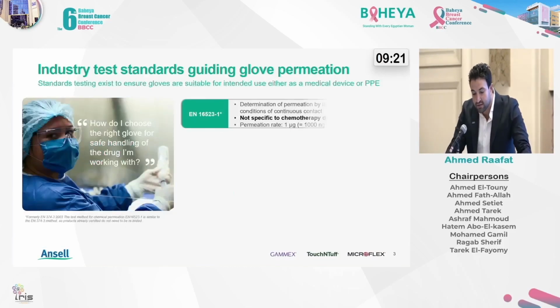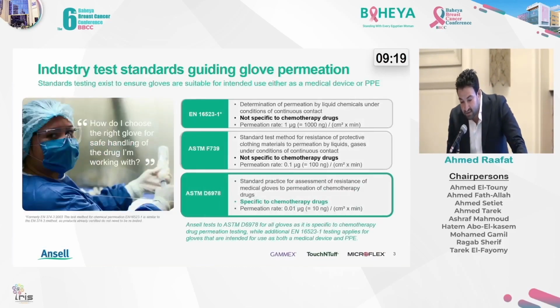All the standards mentioned for skin permeation concern the permeation of the chemotherapy drug when it passes through our gloves and comes in direct contact with the skin. The European standard sets a permeation rate concentration of 1 microgram; it measures only 1 microgram passing through the glove material.